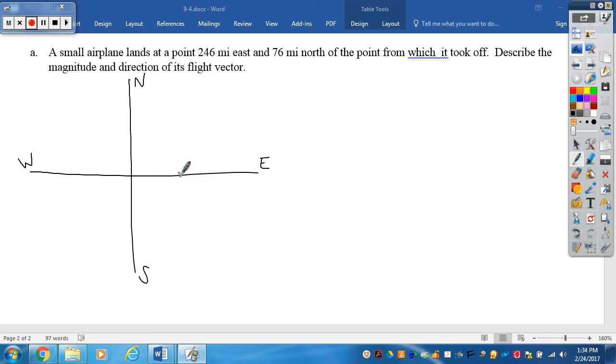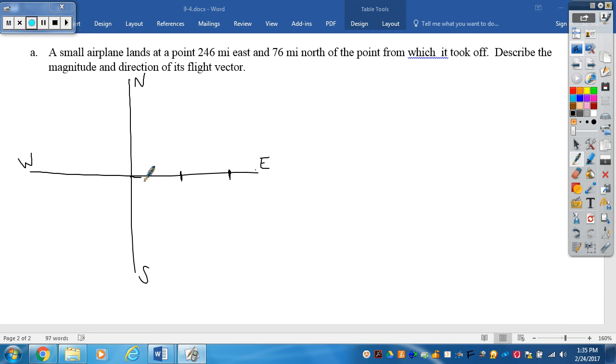So if I make this 100, we'll say this is about 200, okay? 246 is 246 miles east. We'll say it is right about right there, okay? And then we want to go 76 miles north.